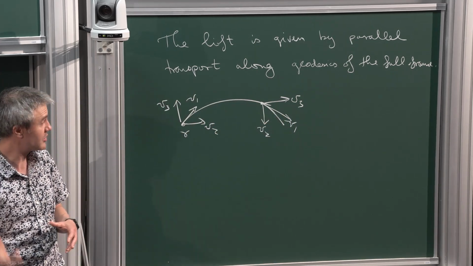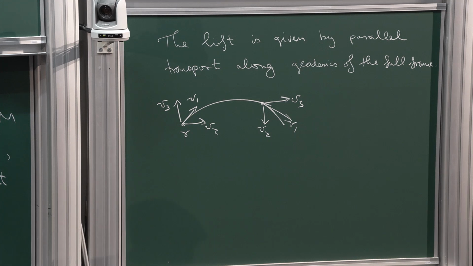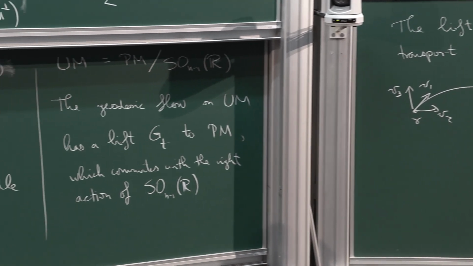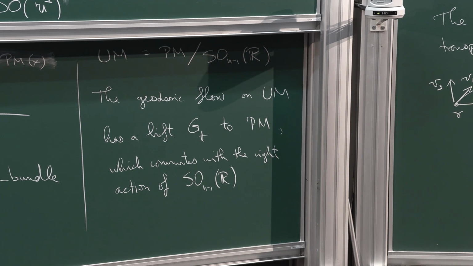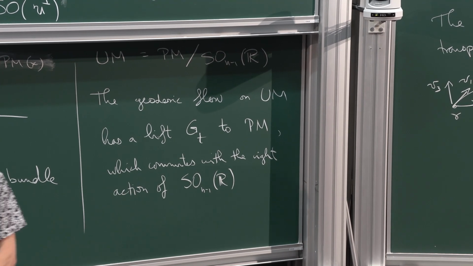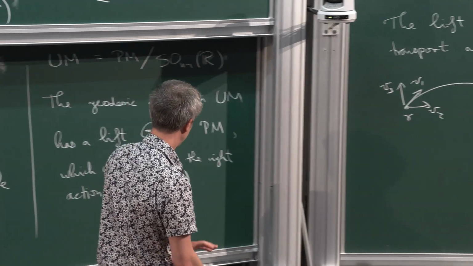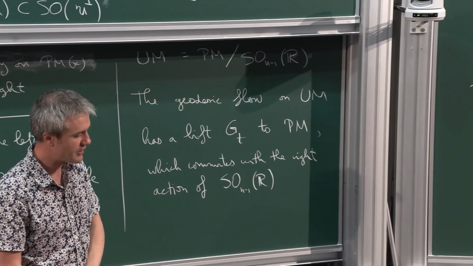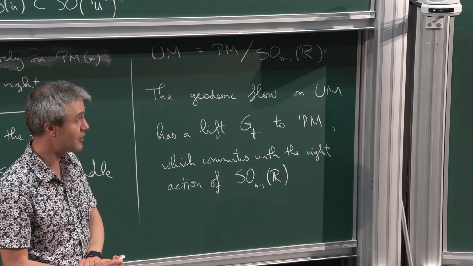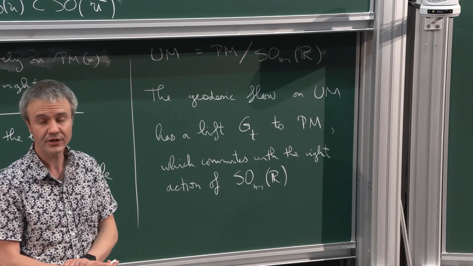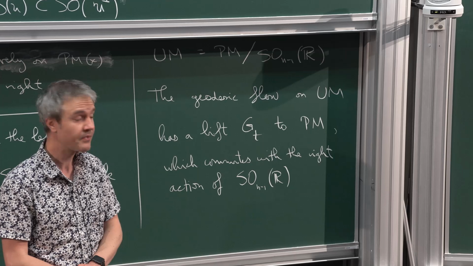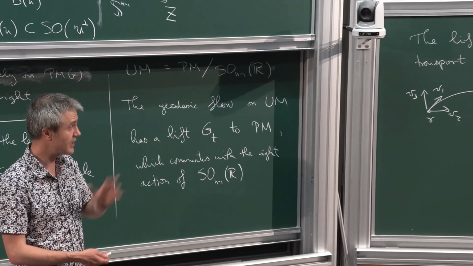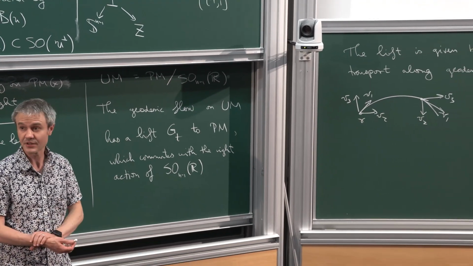They maybe get a little bit twisted, or some kind of interesting things can happen. But it's important that the fibers, the group SO(n,R), or SO(n-1,R), is a compact group. So things are not too bad. Okay? So we already know, for example, that the Lebesgue measure for an Anosov flow, in particular for the geodesic flow, is ergodic. So we would like to understand, for example, the ergodicity of these kinds of systems.